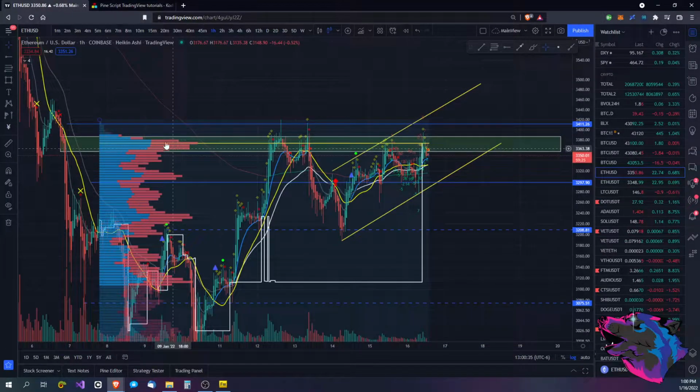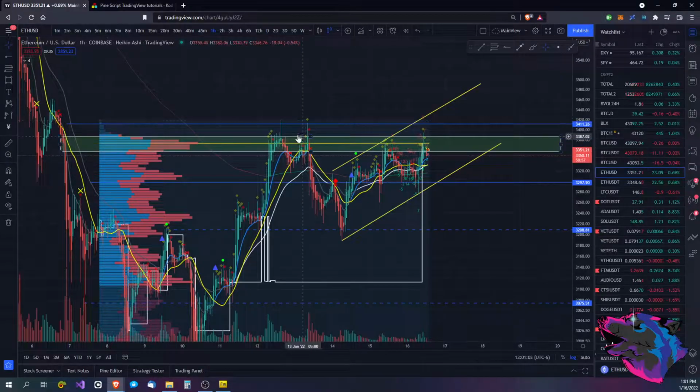You might say, okay, well, we got this range here where there's a lot of volume support, a lot of volume resistance, a lot of volume action. And you're thinking, once we get up into this range, if I'm in a trade, I'm really going to be watching to take profits or potentially start thinking about a short.